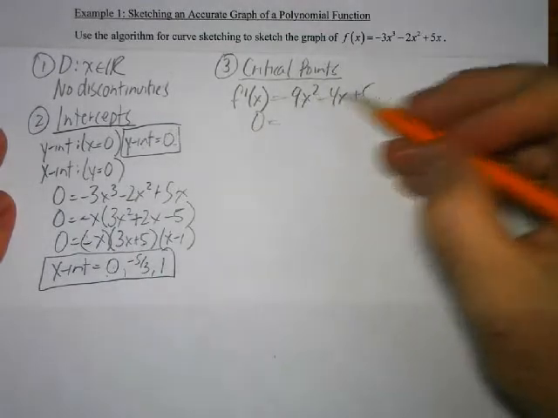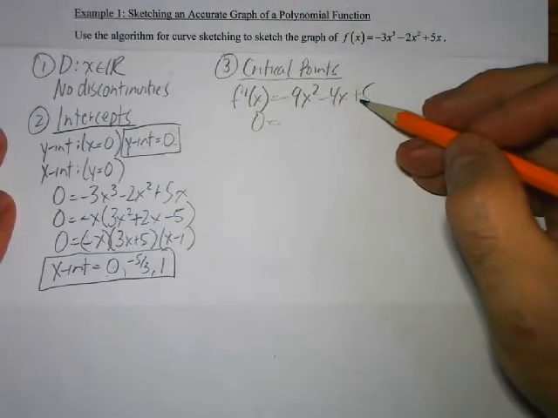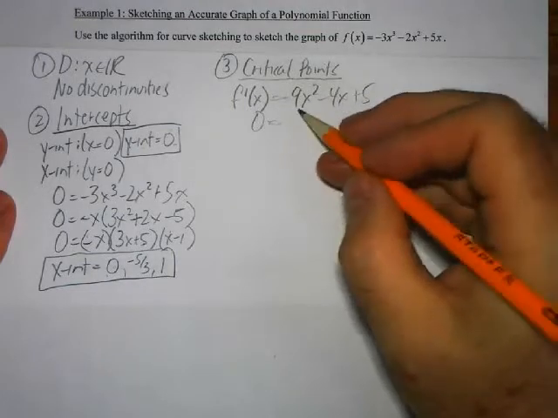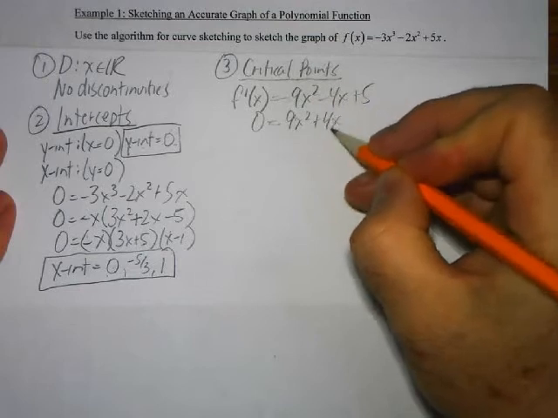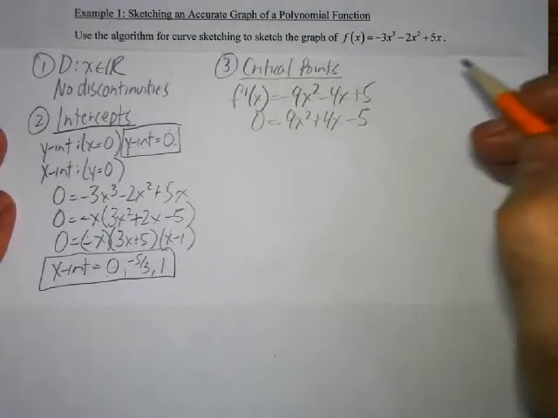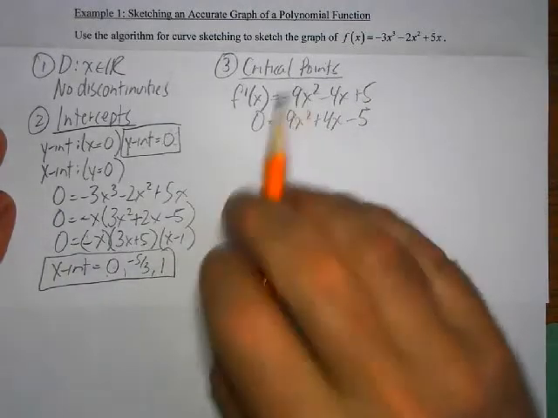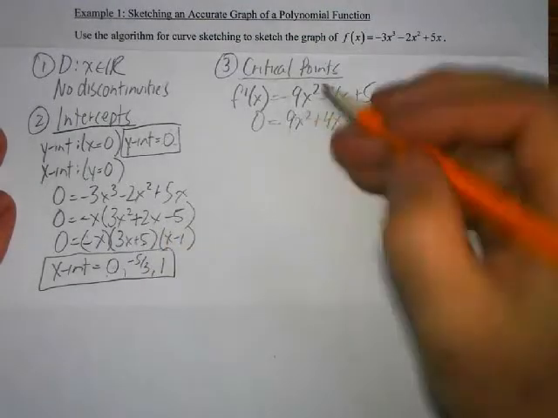Now I'm going to factor out a negative 1. When you factor out any constant, it doesn't affect the zeros at all. So that would flip the signs of all the terms. And again, I'm doing that just so it's easier to factor. Some people can factor that in their heads. I prefer to have the a value positive if possible.